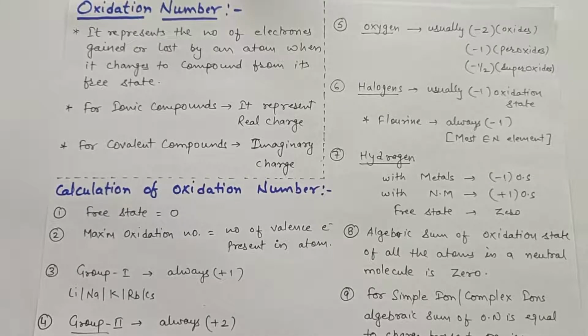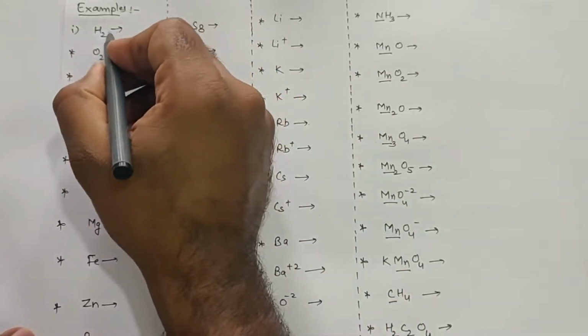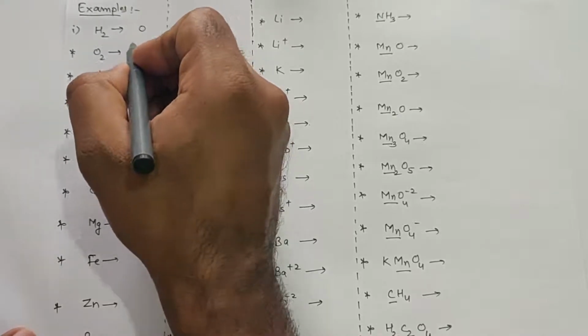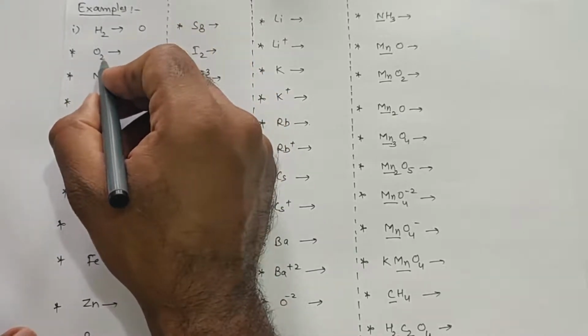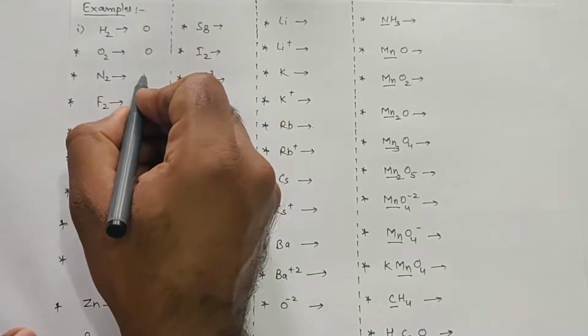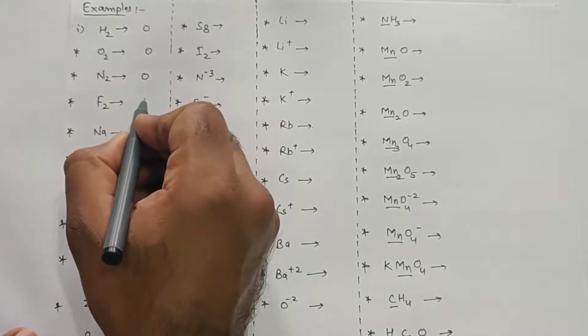Let's have some examples. Here hydrogen is present in its free state, so its oxidation number will be 0. Same, oxygen is present in its free state, its oxidation number will be 0. For N2, 0, F2, 0.